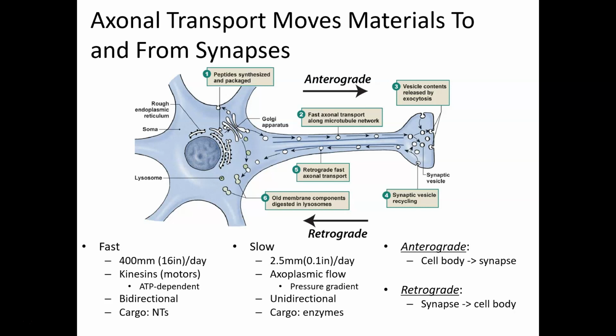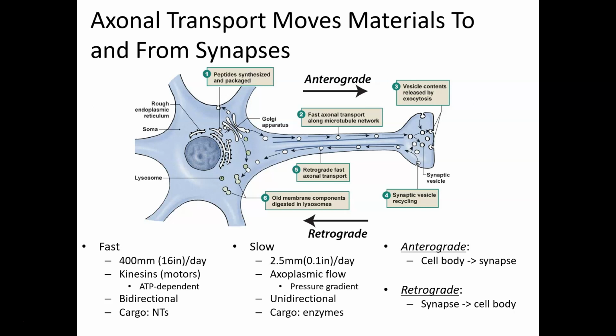The other way to have axonal transport, that is transport on the axon, is what we call slow axonal transport. It's only about 2.5 millimeters per day, which is about 1/10 of an inch.